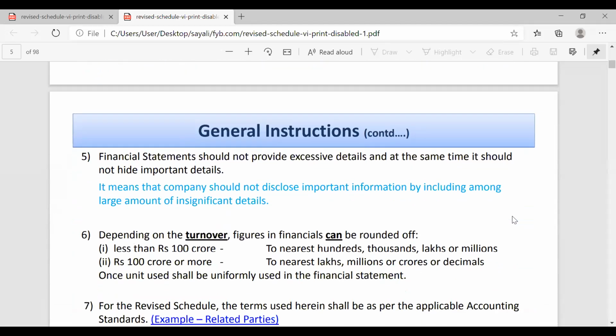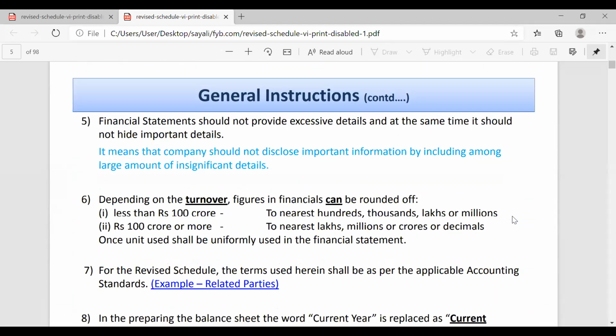So the financial statement should not provide excess detail, and at the same time it should not hide important details. Means whatever should be disclosed should be important and should be disclosed in the books of accounts. If minor points are there, it is not necessary, and nothing will be hidden from the recording of transactions. So the turnover or any figures can be rounded up.